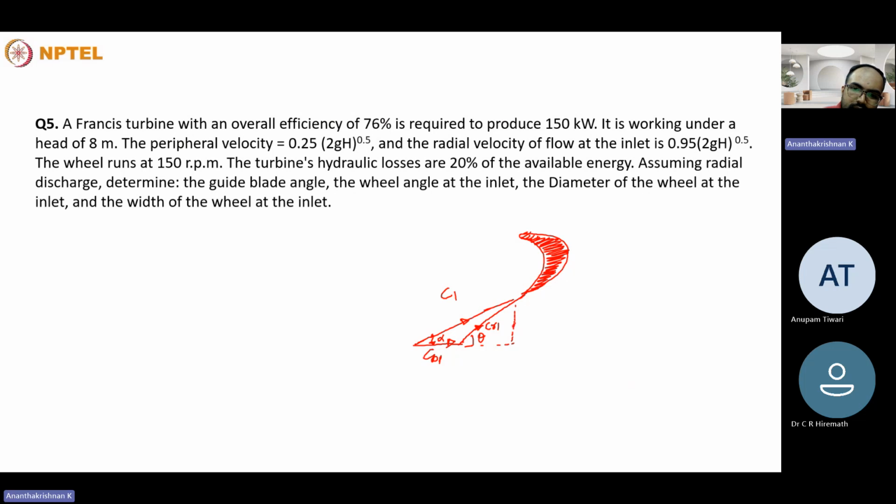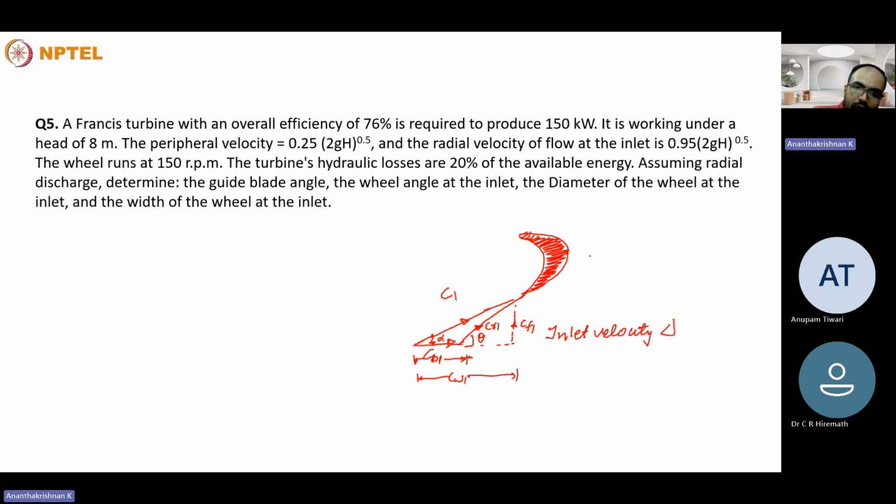And then there is CF1, the flow velocity component, and the whirl component will be the horizontal component of the velocity. That is the inlet velocity triangle.